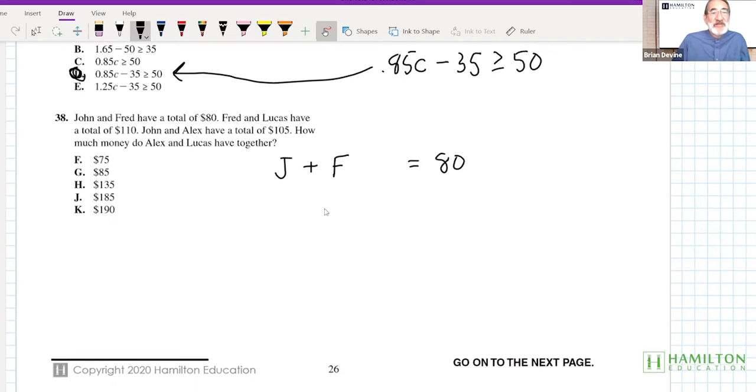And I know that Fred and Lucas have 110 bucks. And I know that John and Alex have 105 bucks.